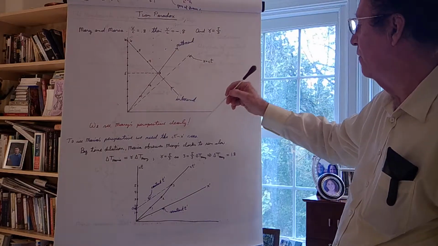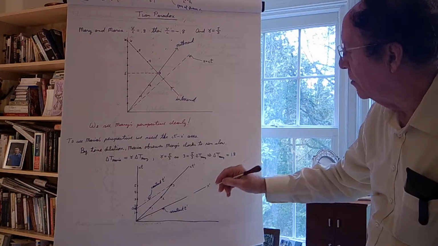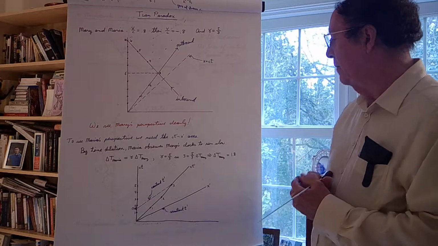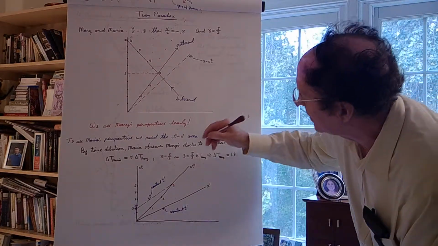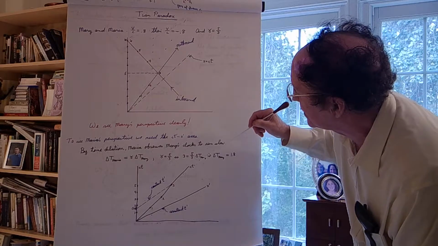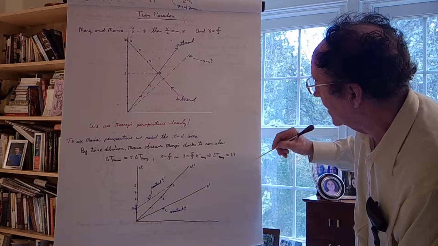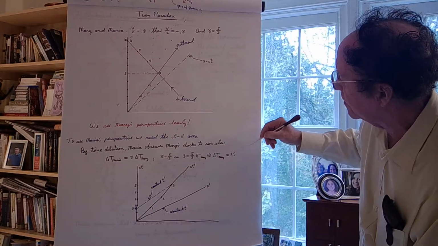Gamma is 5/3. And so here it is on a Minkowski diagram, drawn with the proper scales. The T prime axis is inclined relative to the T axis, and here's my X prime axis. A ray of light would bisect the two.